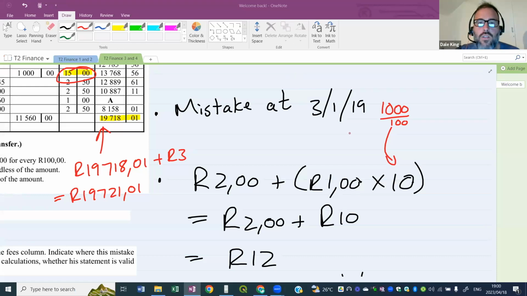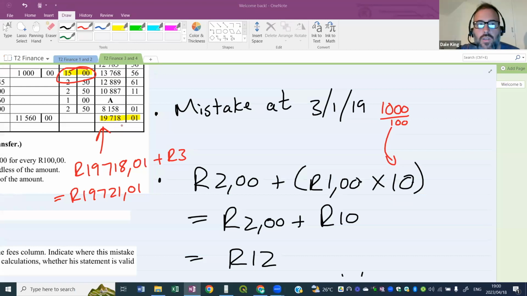Malefane, did you have a question? Oh, yes, sir. So, sir, there's no need for us to add the whole thing. We're only adding at the end, because all these other transactions were correct. They've changed the balance correctly. But all these totals in the balance column just all go up by 3, all the way to the last one.